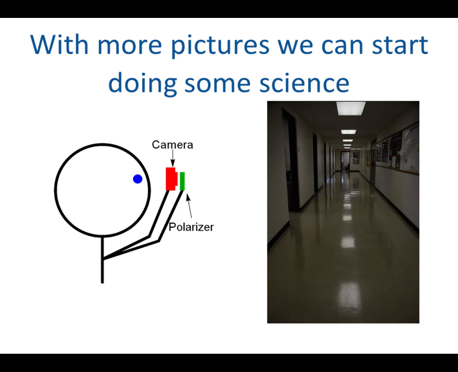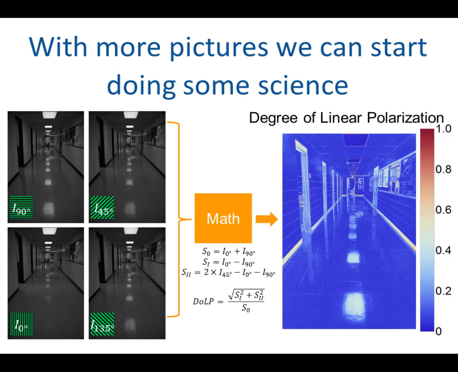One of the most common ones is detecting man-made objects in a region, because man-made objects are typically more polarized than the natural objects. And so here we have a picture of a hallway, and it was just taken with a camera on a tripod and a polarizer right in front of it.